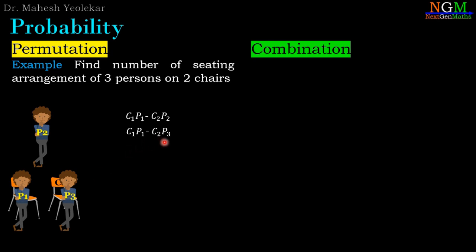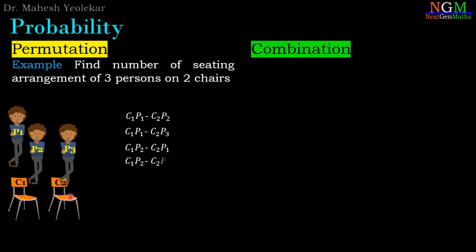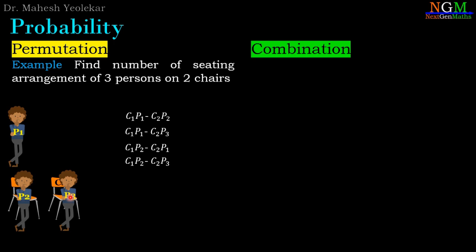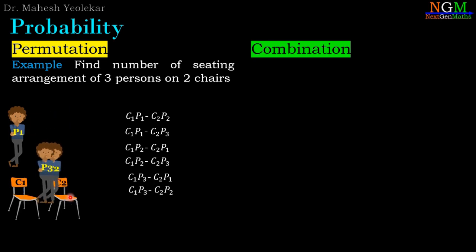Similarly, C1 P2, C2 P1; C1 P2, C2 P3; C1 P3, C2 P1; and C1 P3, C2 P2. So these are the 6 different possibilities of sitting arrangement of 3 persons on 2 chairs.